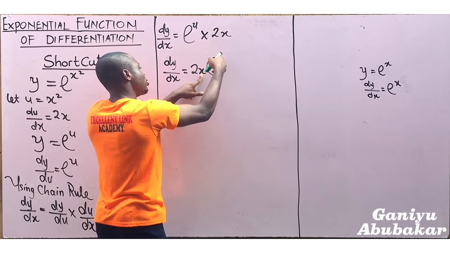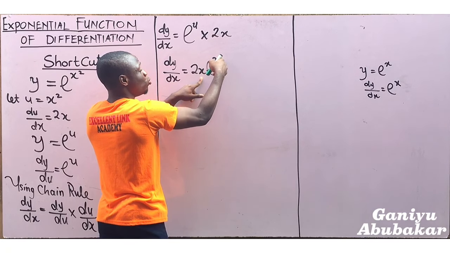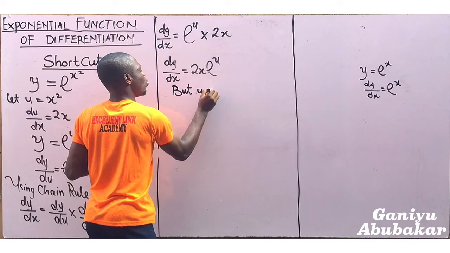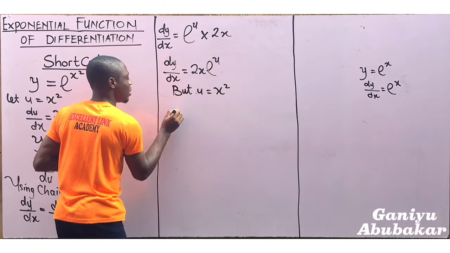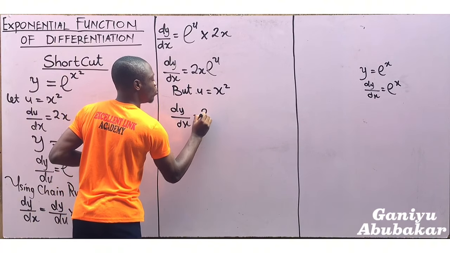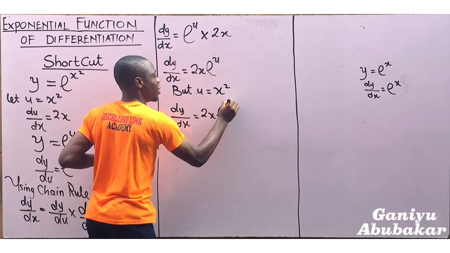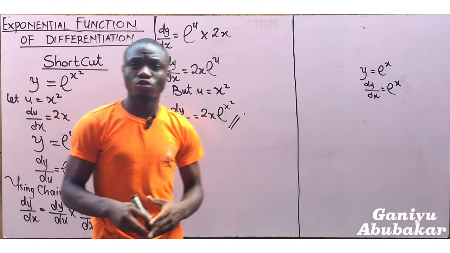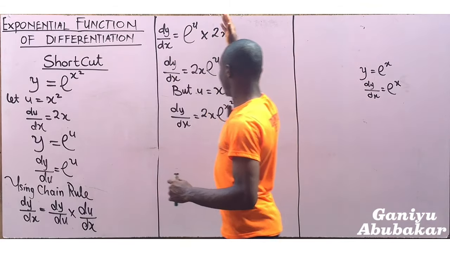So this is x, no problem, but I need to take this u back to x. We said u was x squared. So dy over dx is equal to 2x exponential x squared. That's the idea behind how to solve a problem using differentiation of the exponential function.